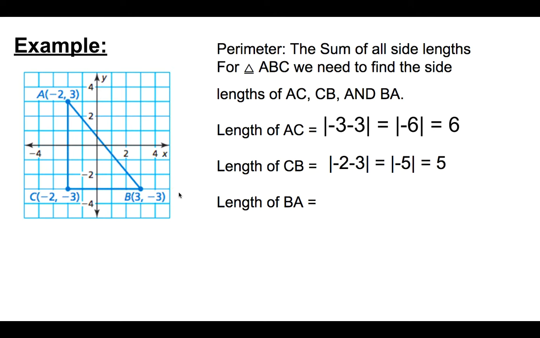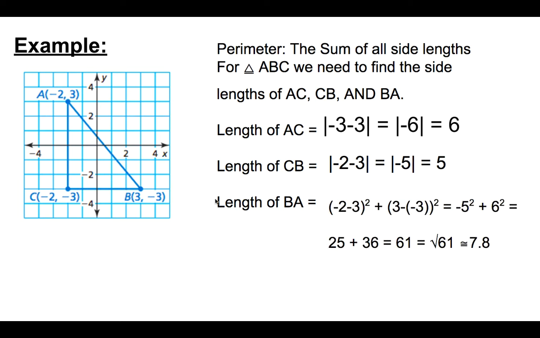So here we're going to go ahead and apply the distance formula. And I know I didn't show it in these steps here until I reached the end, but of course the distance formula does have the square root of all of this. So we have -2 minus 3 squared plus the quantity of 3 minus -3 squared, and then -2 minus 3 is -5 squared plus 3 minus -3 is 6 squared. -5 squared is going to give us 25. 6 squared is going to give us 36.